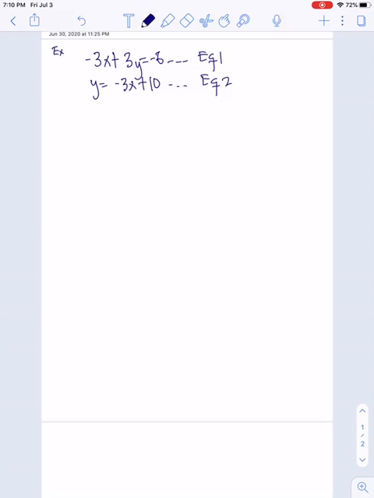So let's go ahead and pick the product of the second equation, which is negative 3x plus 10. I'm going to plug it into the first equation, and I'm going to solve for x. Alright, so let's rewrite our first equation as negative 3x plus 3y equals negative 6.